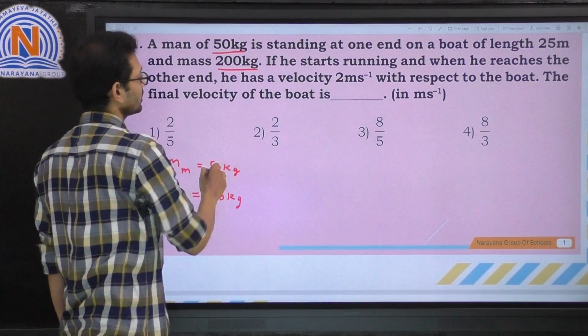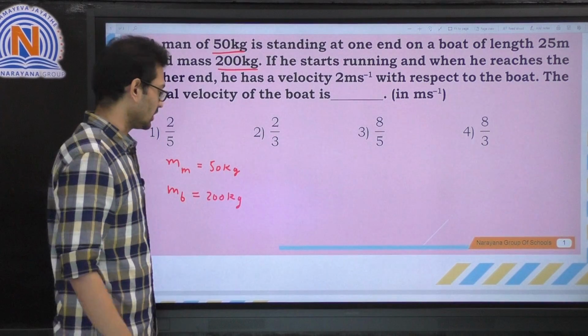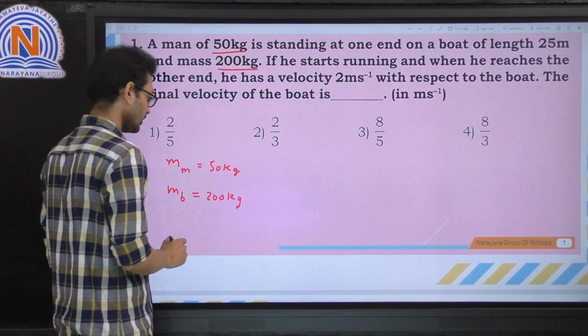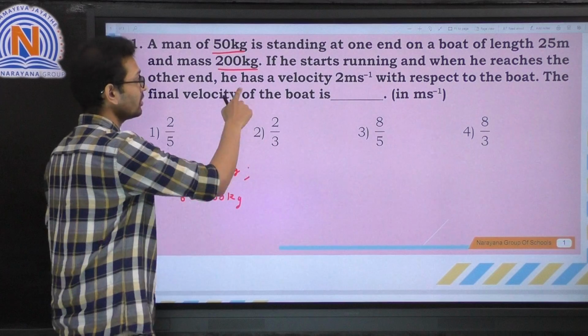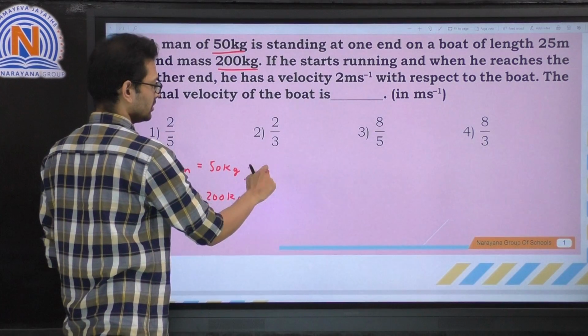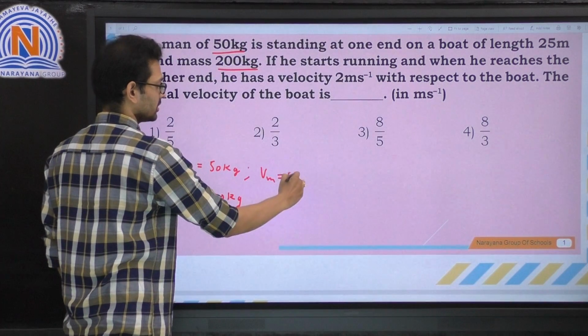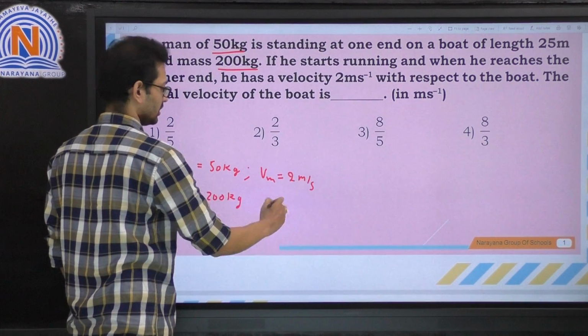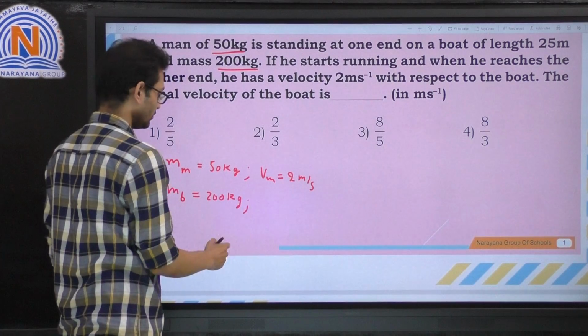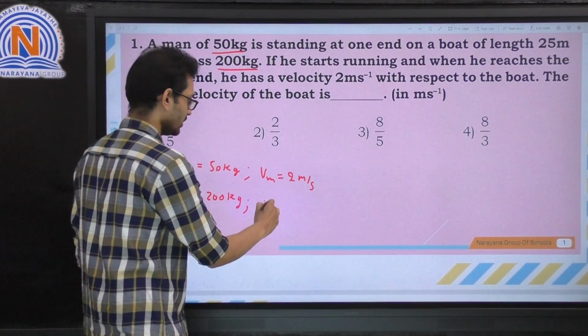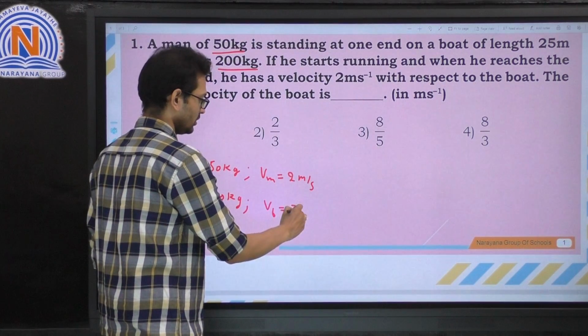Now what happens if you want to find the velocity of the man? We'll write it as Vm, which equals 2 meter per second. And do you know the velocity of the boat? Now we have to find out the velocity of the boat.